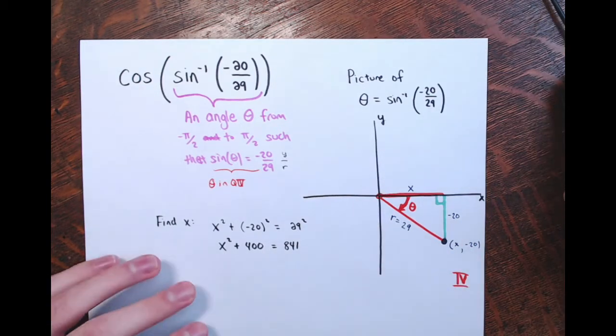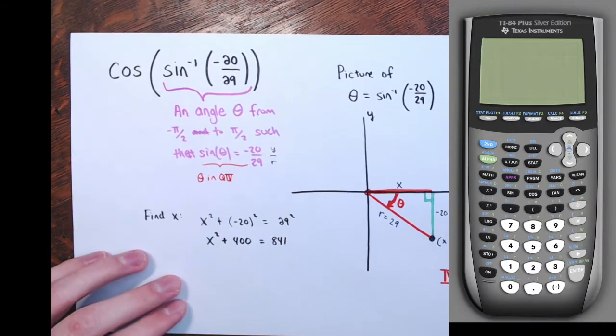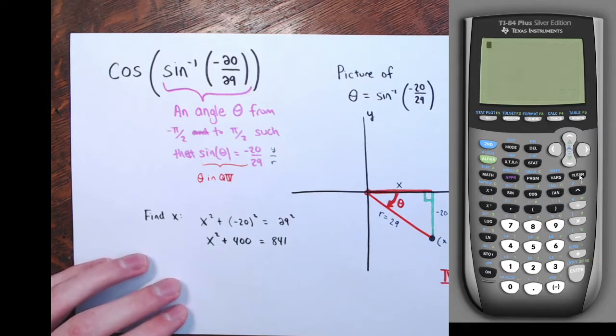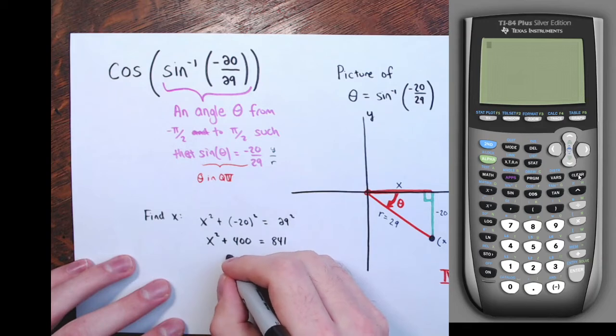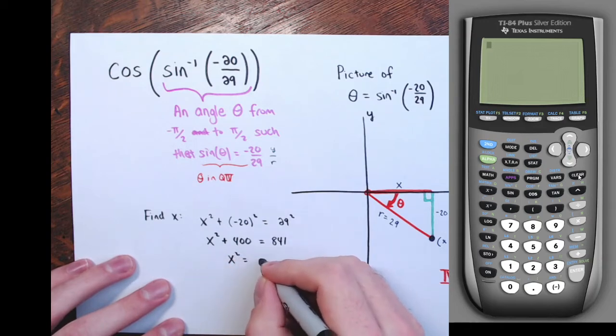Just to double check, I'll pull a calculator up. 29 times 29, 29 squared, yeah, 841. So then x squared equals, subtracting 400, 441.